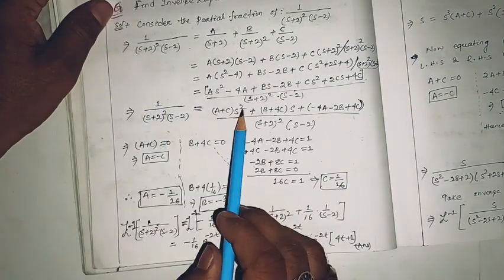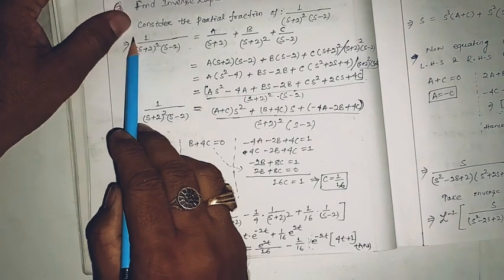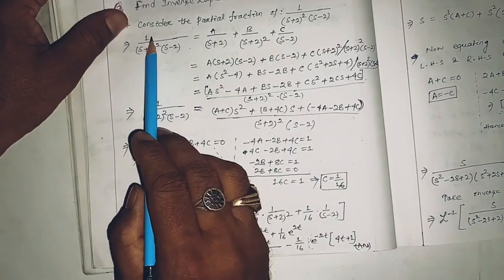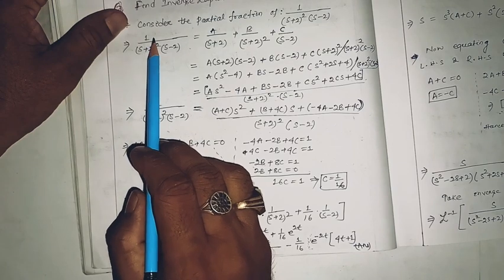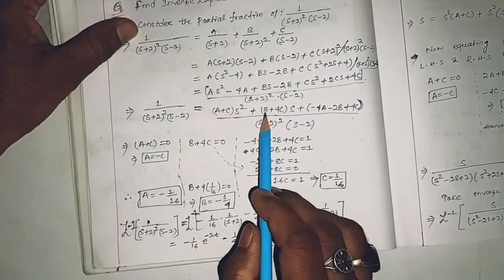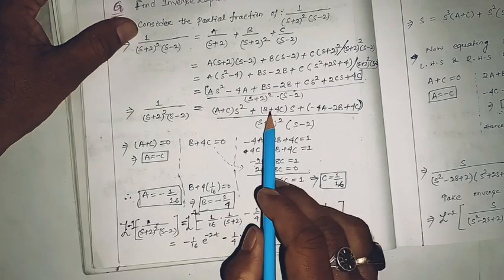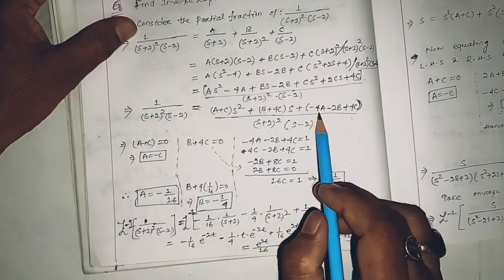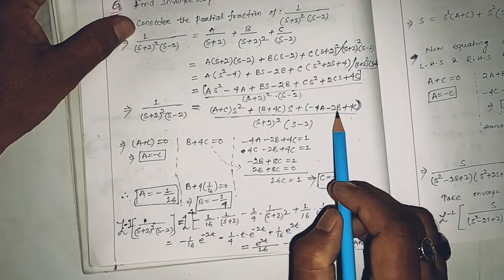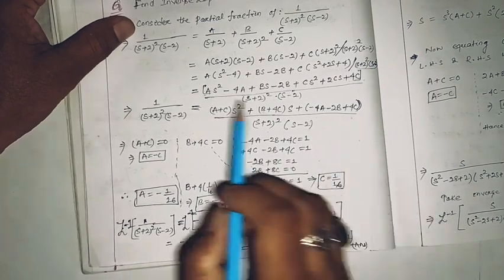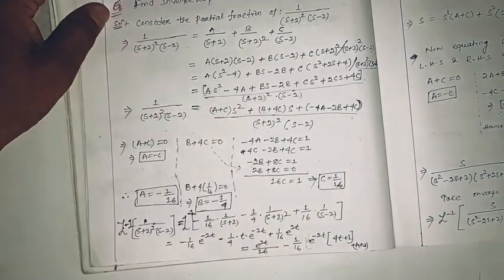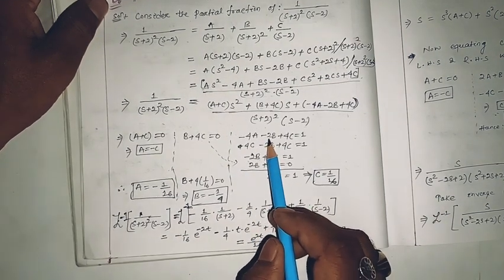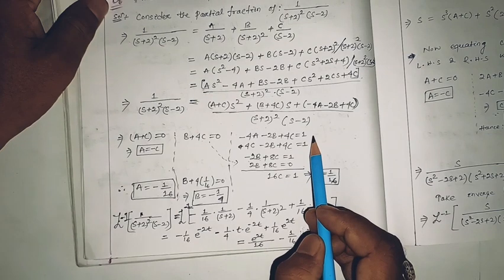Likewise, there is no s term in the numerator of the LHS, so b plus 4c, the coefficient of s, will be equal to 0. Then the constant, minus 4a minus 2b plus 4c, will be equal to 1.